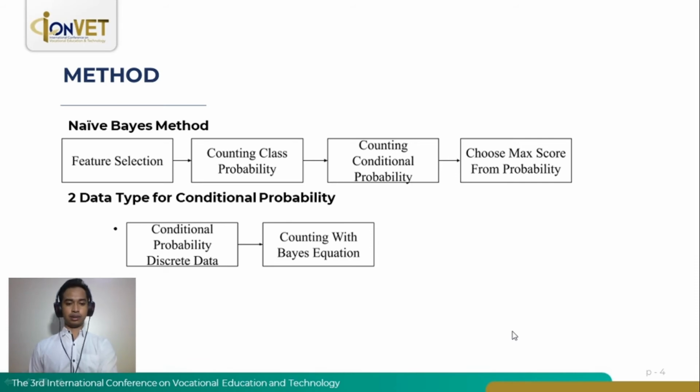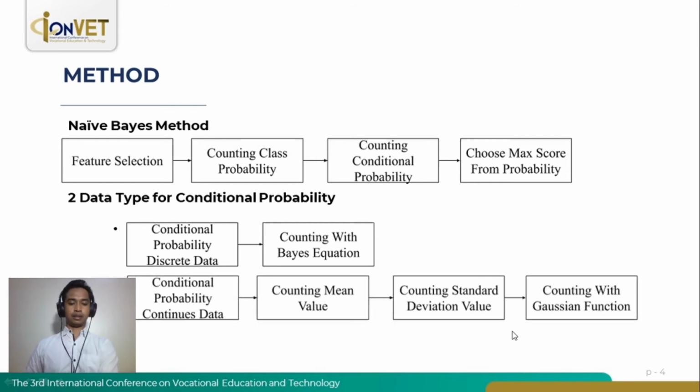For discrete data, we can count with the Bayes equation as normal. But for conditional probability with continuous data, we will remodel the data with the Gaussian function. First we get the mean value and standard deviation value for counting the Gaussian function. After that, we can get the conditional probability value.